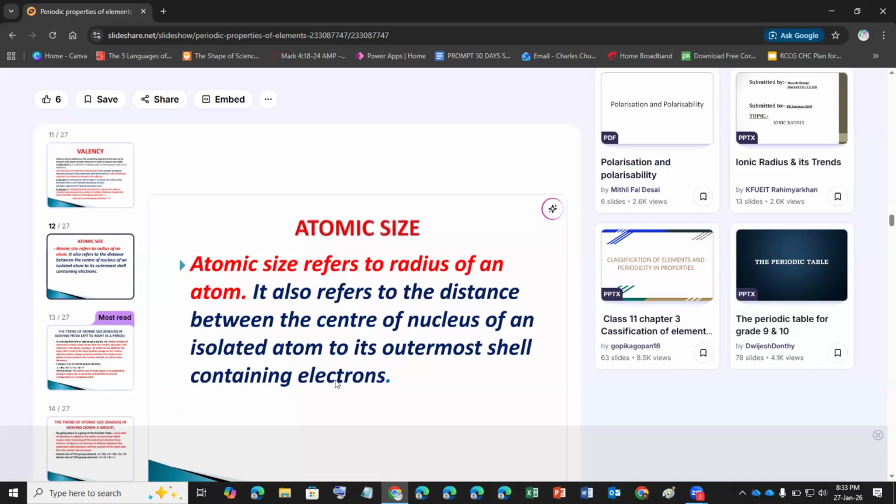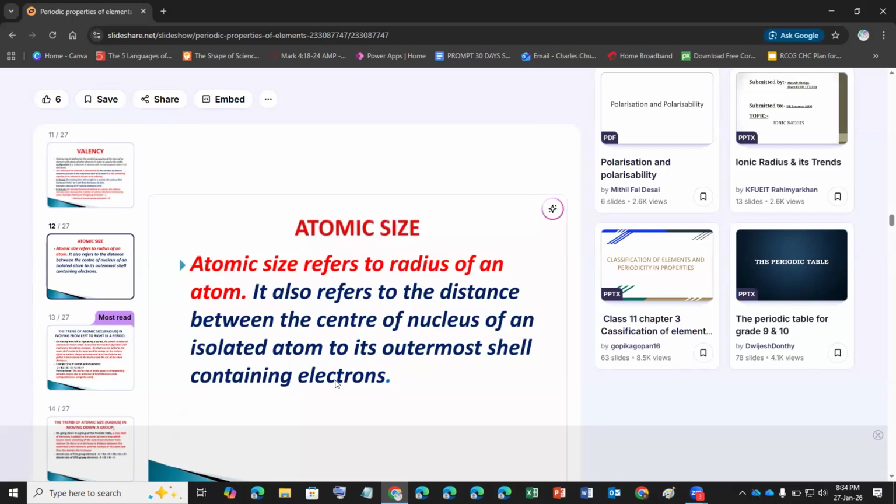So remember this, atomic size refers to the radius of an atom. It's also the distance between the center of the nucleus of an isolated atom to its outermost shell. Now, remember, the outermost shell is the shell where you have electrons that can easily move.